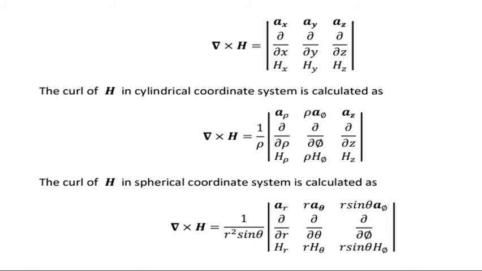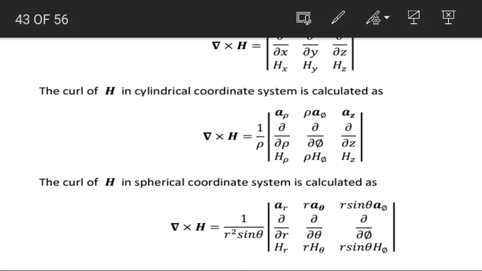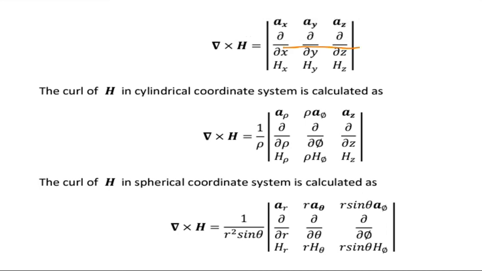How do we calculate the curl of the magnetic field intensity in rectangular coordinate system? We can calculate it with the help of the determinant on the right hand side. In the first row of this determinant, we consider the three unit vectors: the unit vector ax, the unit vector ay, and the unit vector az. In the second row, we consider curly by curly x, curly by curly y, and curly by curly z.